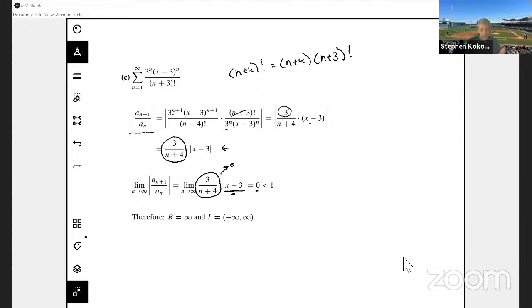Since 0 is less than 1, that means that this power series converges for all values of x, because no matter what the value of x is, this limit turns out to be 0, which is less than 1.